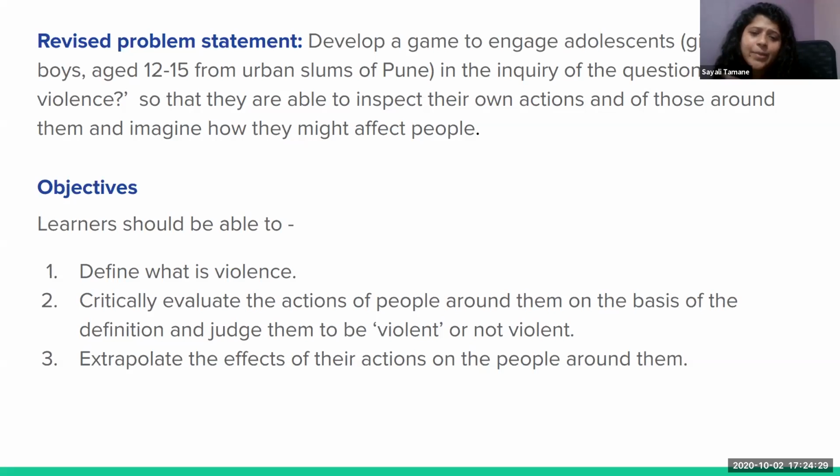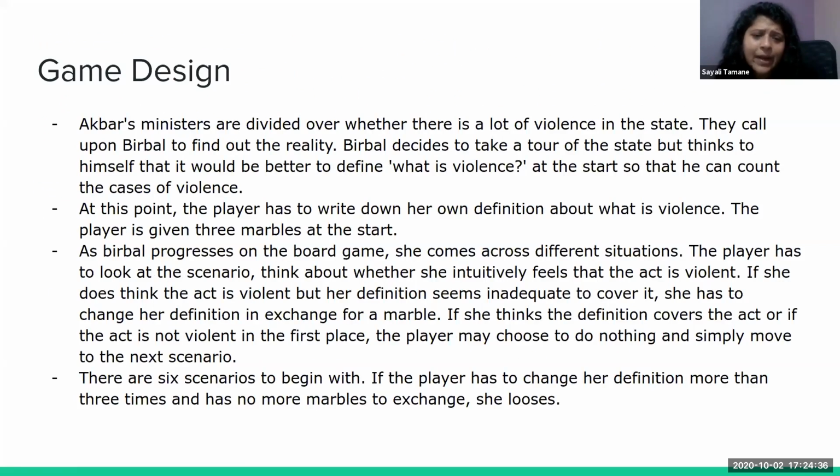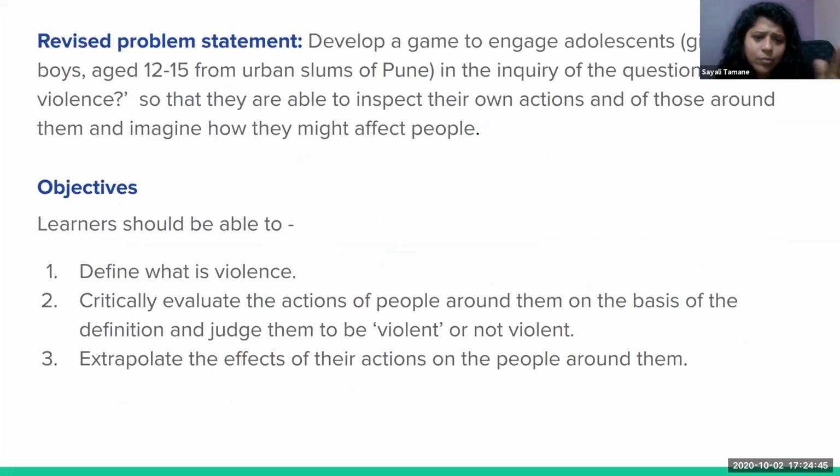Eventually, when we developed a prototype and we play tested it, like I said, things changed depending on the feedback that we got, and we had to modify the game structure a bit. But the crux of the game more or less remained the same.